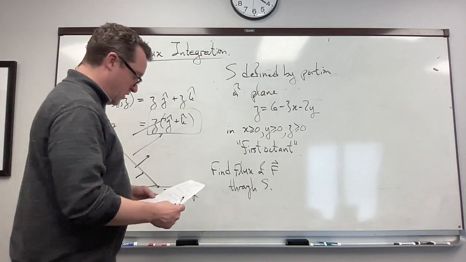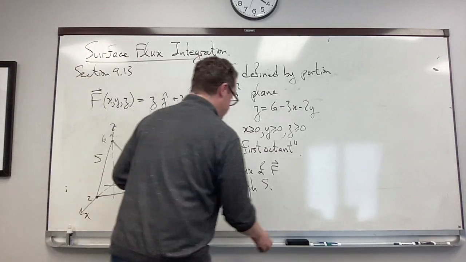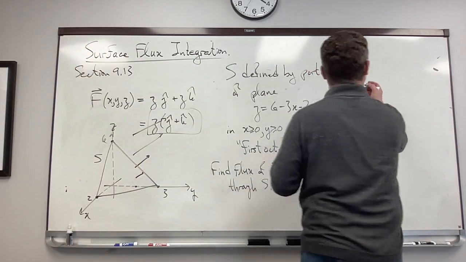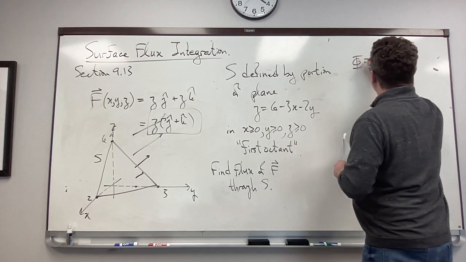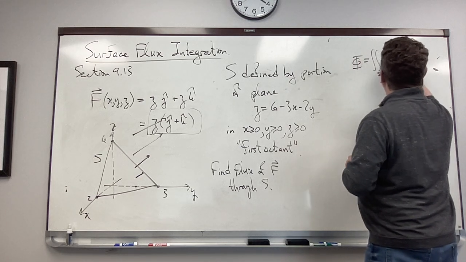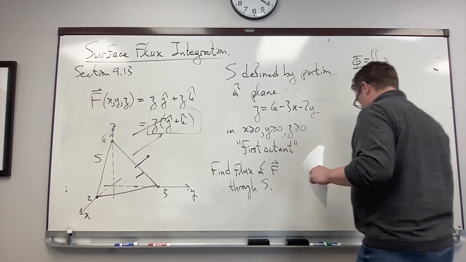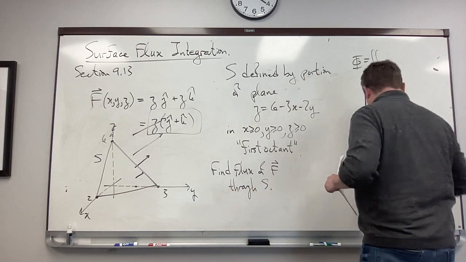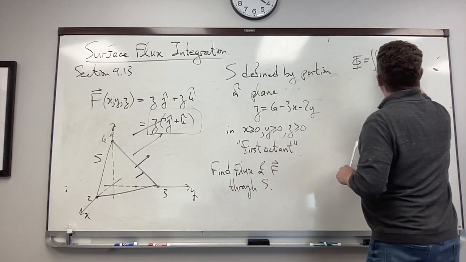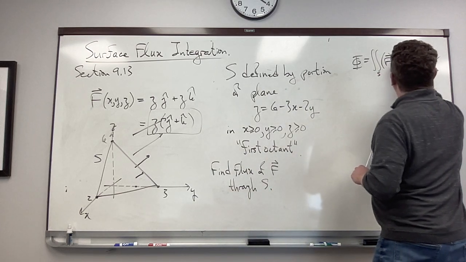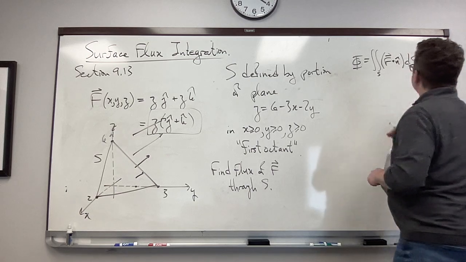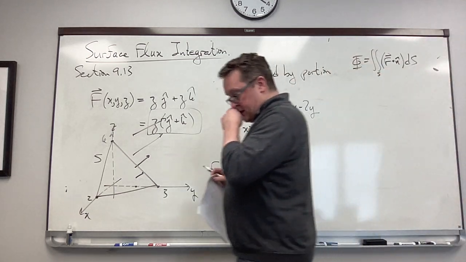So if we're going to do this, let's remind ourselves, what is flux? Flux is the surface integral of F dot N dS. So what do we have to do?